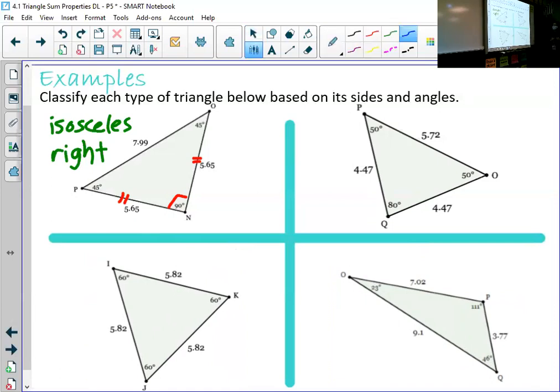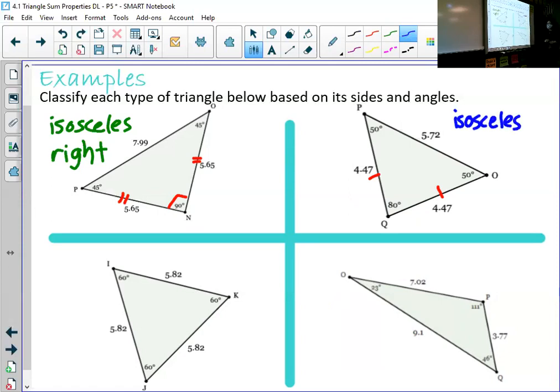All right, what does somebody notice about the second one? Let's look at the sides. Do we have any sides that are congruent to each other? Yes. How many of them? 2. So I can say that for sure it's isosceles.